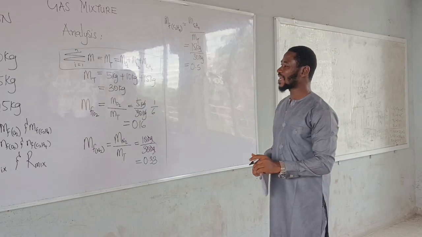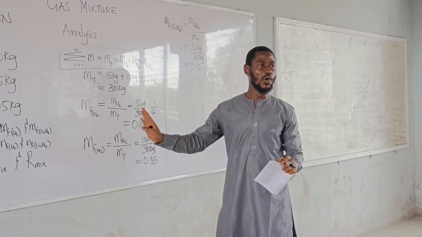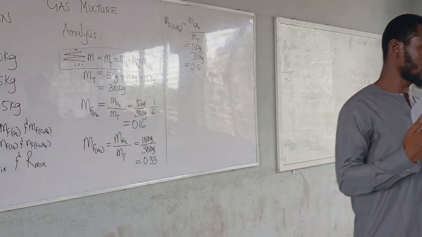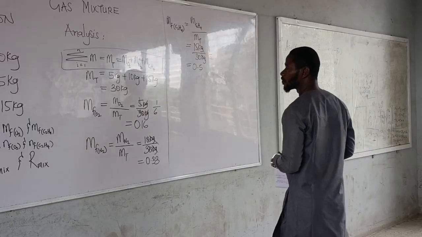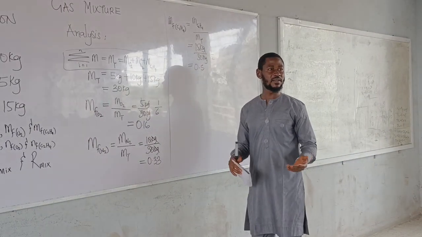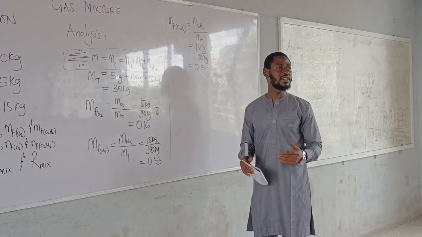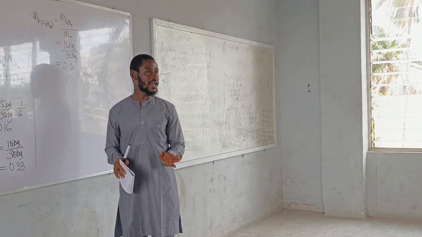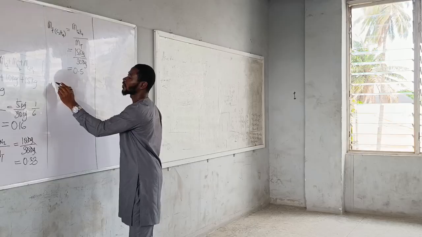The next one is to determine the number of moles of each of the constituent gases in the mixture. Now, let's refer back to our fundamentals. Mole is defined as the ratio of mass divided by molar mass.